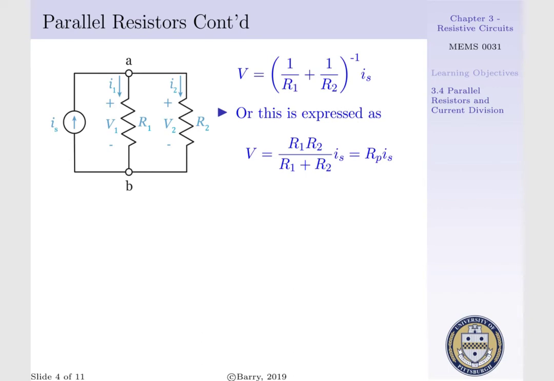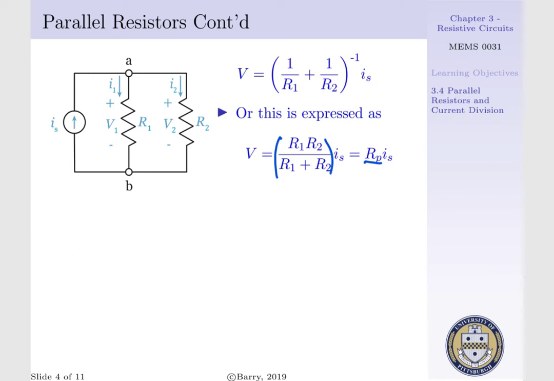And we call this quantity R1 times R2 per R1 plus R2 our equivalent parallel resistance, often denoted as REQ or R sub P, where P indicates that this is existing in a parallel configuration.